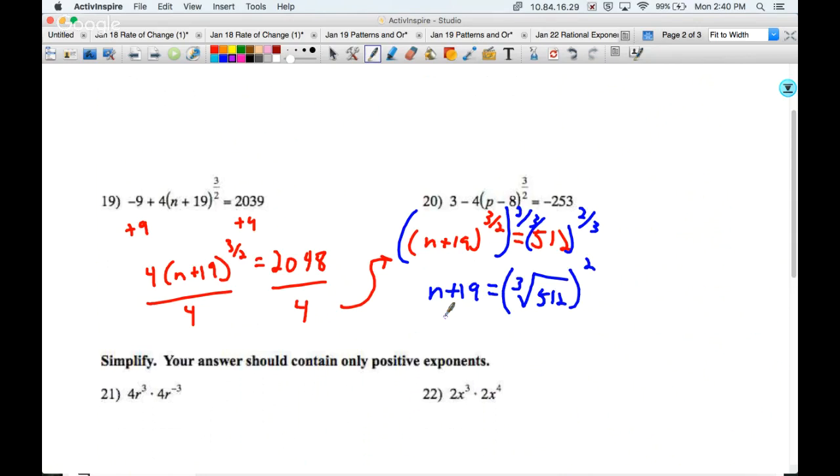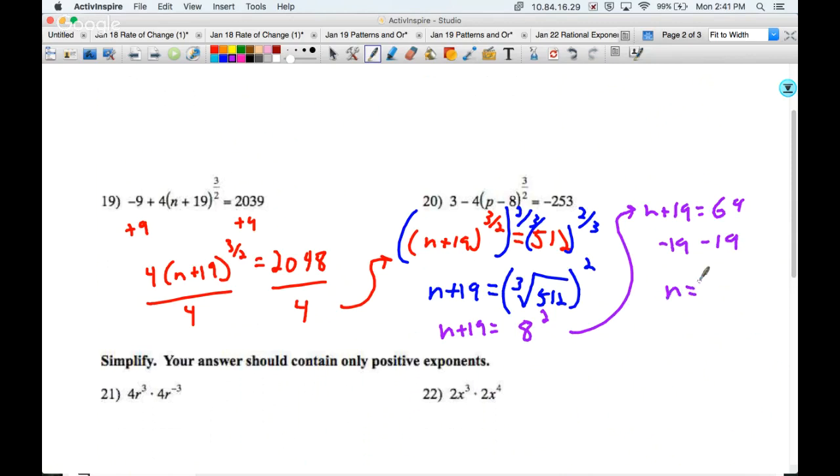But okay, the cubed root of 512 is 8. Eight squared is 64, so now we've got n plus 19 equals 64. Subtract 19 from both sides, we get n equals 64 minus 19, 45.